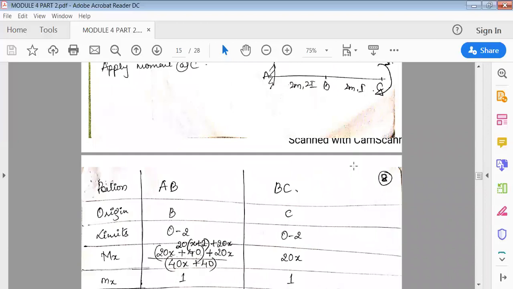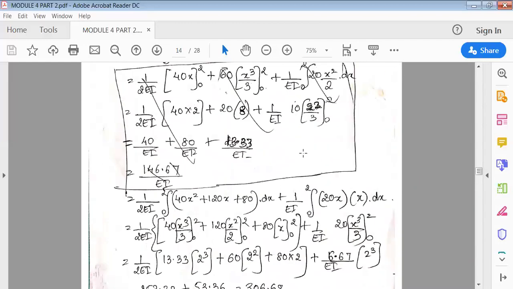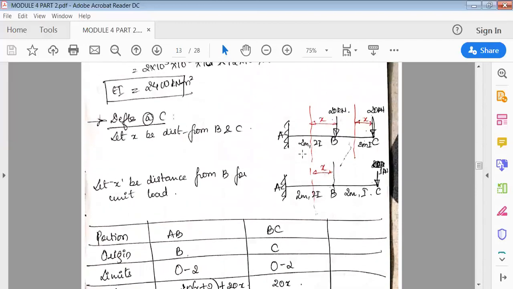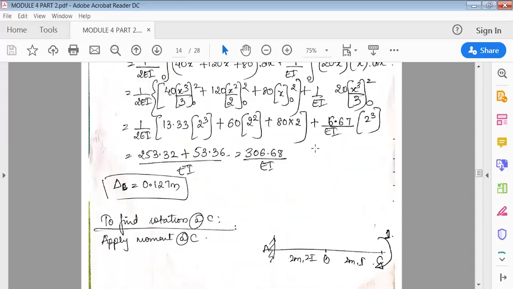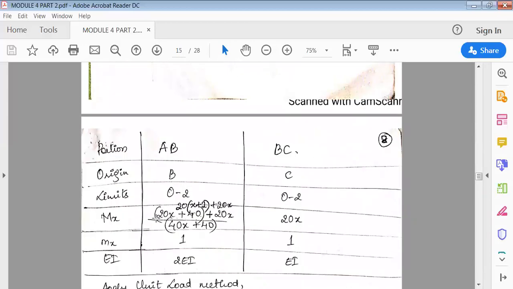Okay, now see here, capital Mx is the bending moment due to the external load. Now when you check this diagram, bending moment due to external load, this is 20 into x plus 2 in the AB span. So in the AB span it is 20 into x plus 2 plus 20x. What we have done before, same thing.